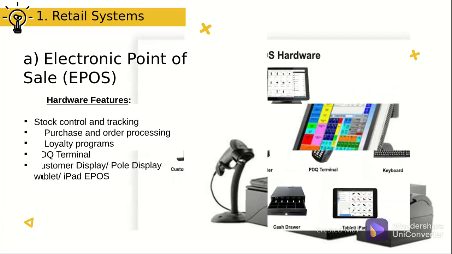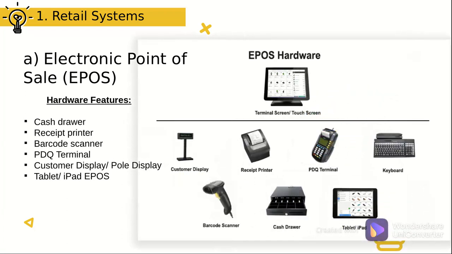Let's look at the second component of this EPOS system, which is the hardware or the EPOS hardware. Again, depending on specific needs, each business may wish to have different EPOS hardware components.